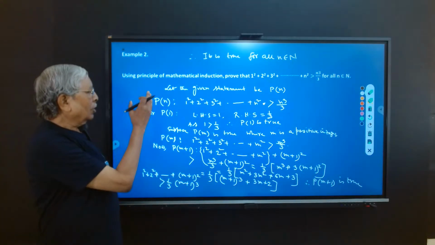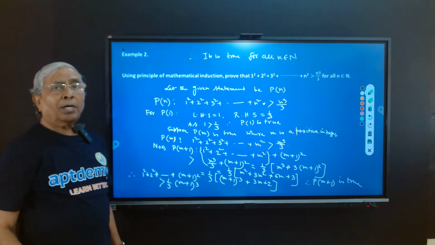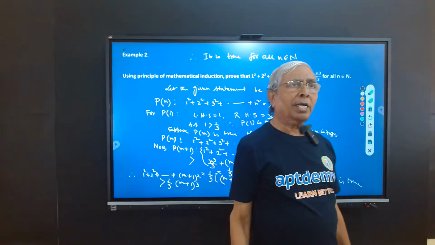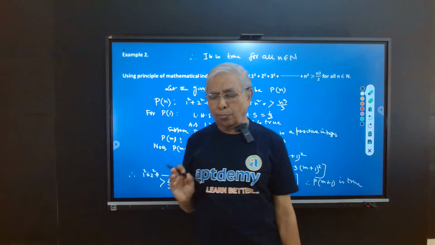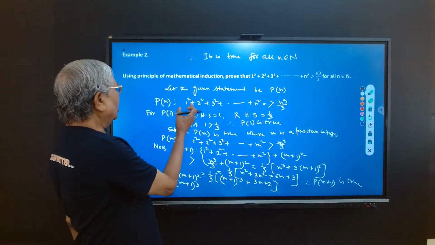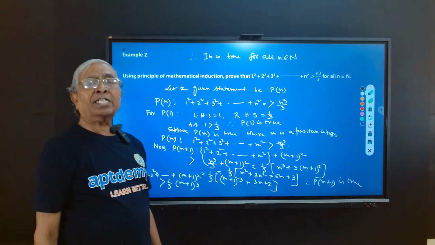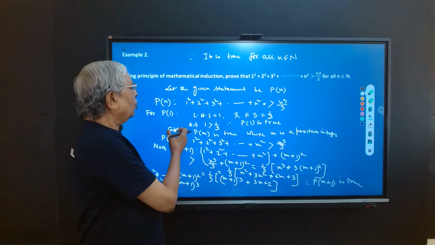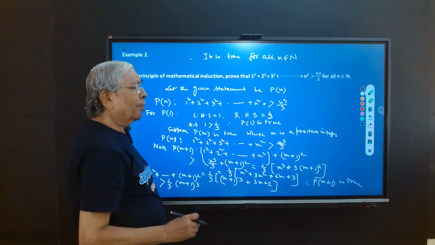So for this problem, what have we done? First, you have to show that the given statement is true for n equals 1. So put n equals 1 on the left hand side. We have got 1, and what is our right hand side? This is 1/3. As 1 is greater than 1/3, we can write P1 is true.